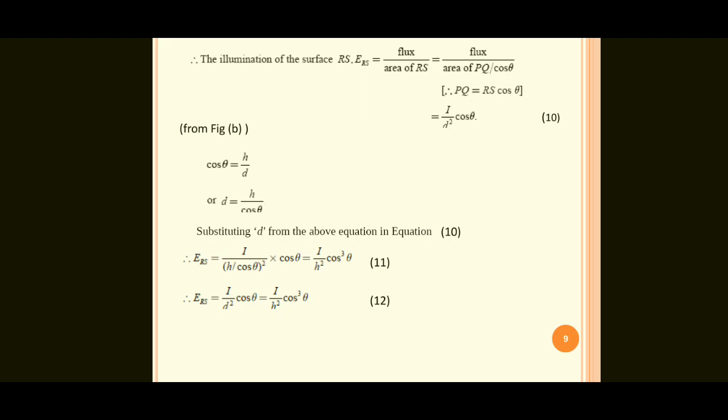So it is equal to I by h square into cos cube theta. That is equation number 11. Next, ERS is equal to I by d square cos theta, means I by h square cos cube theta.